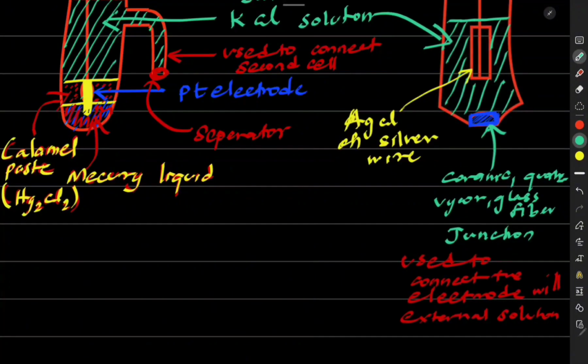The reaction in the silver chloride electrode is AgCl solid plus electron forming Ag solid plus Cl minus aqueous.